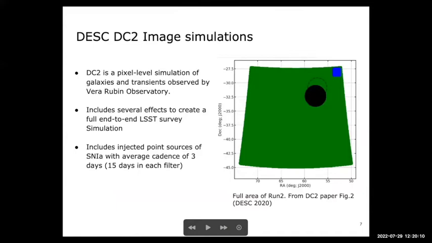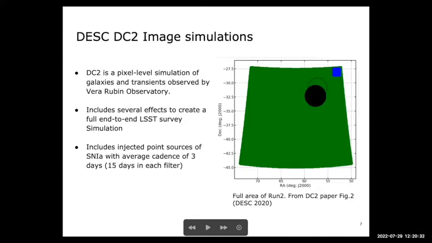So briefly, DC2 is a pixel-level simulation of whatever the Vera Rubin LSST survey is going to measure. This includes several effects: all the effects of the detector, the telescope, the atmosphere, the astrophysical sources, all the way to the pixel, including also cadence.